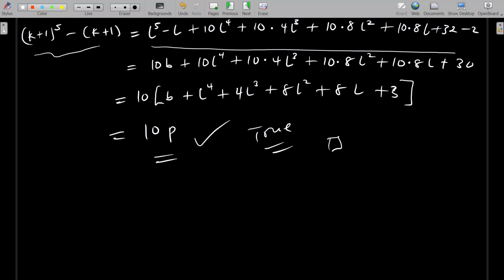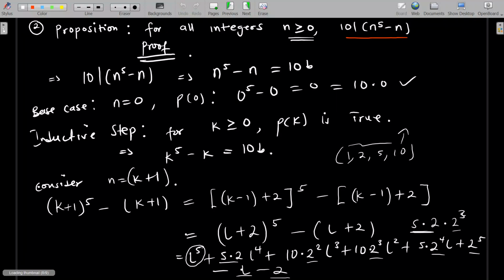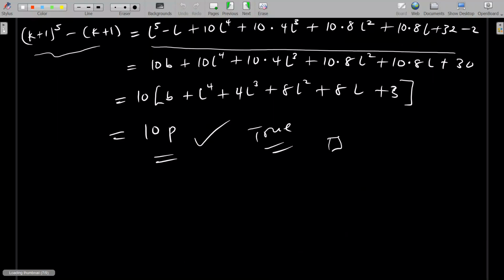But the other case: is this true? Are we okay? Like, is everything right mathematically? You go back and check where you said k is greater than or equal to 0, right? So let's argue something. K is greater than or equal to 0, but the L that we picked, L is equal to what? K minus 1. And we said k is greater than or equal to 0, so L is between these.